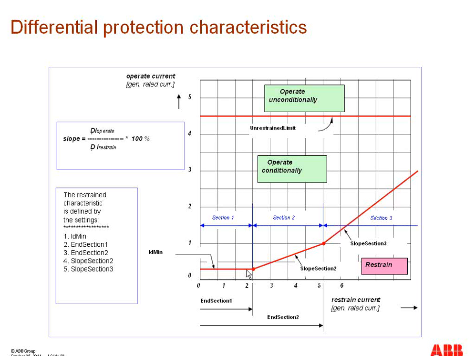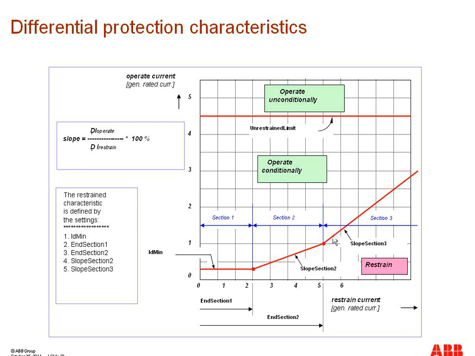The first section of this characteristic covers the errors introduced by the differential schemes due to the magnetization current or non-current dependent, non-load dependent part of the differential scheme. So this is covered in section number 1.